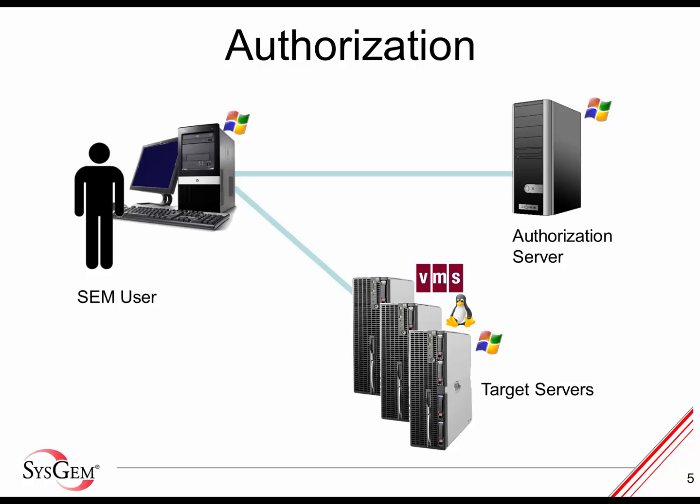Users log into SAM using software on their Windows workstation and have their SAM credentials validated by the authorization server. A SAM user account held at the authorization server holds a profile for permissions that determines the level of access for individual users.